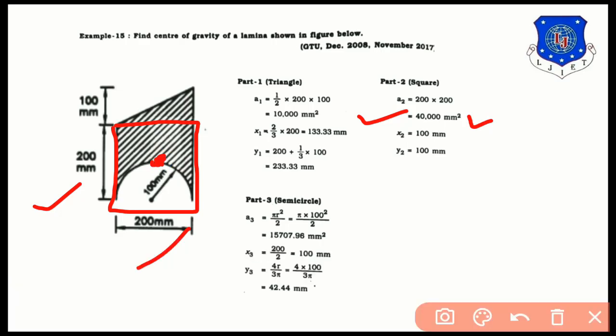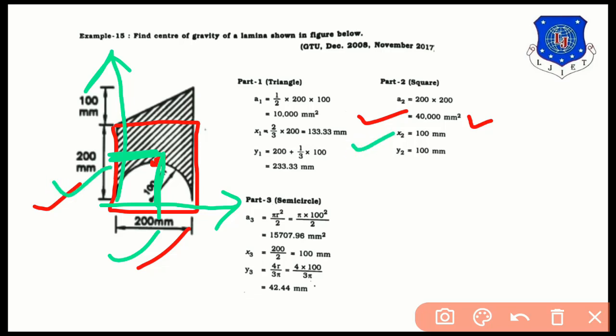By checking the axis first, from the bottom it is x-axis, from the left side it is y-axis. So from both the axes, this distance is half of 200 and this distance is also half of 200. So x2 is equal to 100 mm as well as y2 is equal to 100 mm. So basically it is the calculation of square a2, x2 and y2.